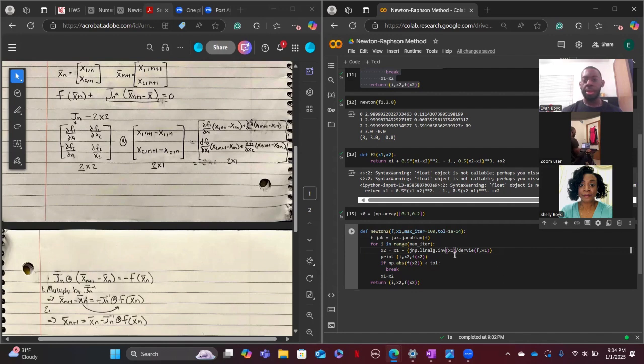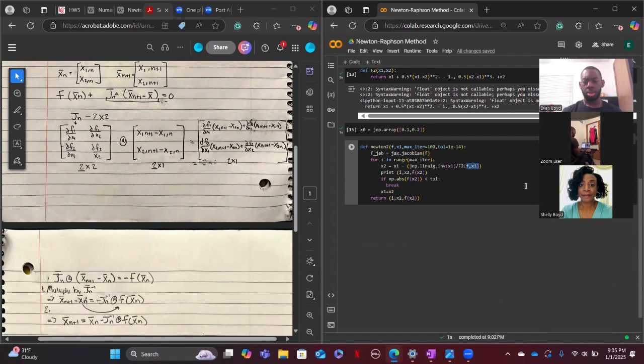All right. And then divided by, there's no derivative anymore, we just have our function. So f2 of our x1.